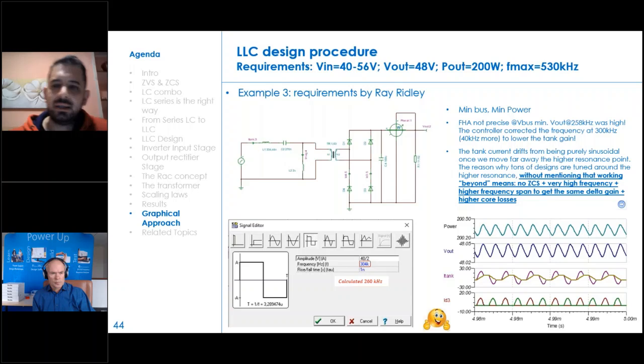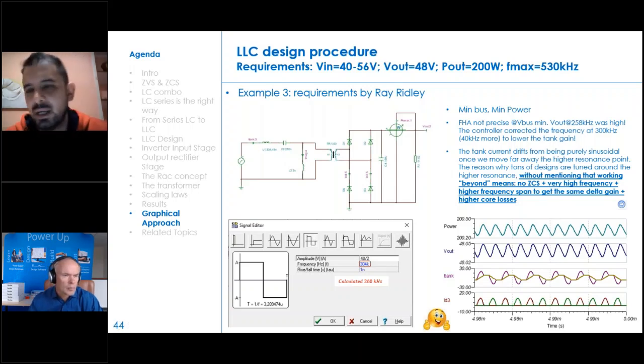So you can see that once I move far away from the resonance, so once I work at the minimum bus and the maximum gain and the minimum frequency, the tank current, that is this one, the violet one, drifts from being purely sinusoidal. So once we move far away from the resonance point, this is the reason why tons of designs are tuned around the higher resonance.